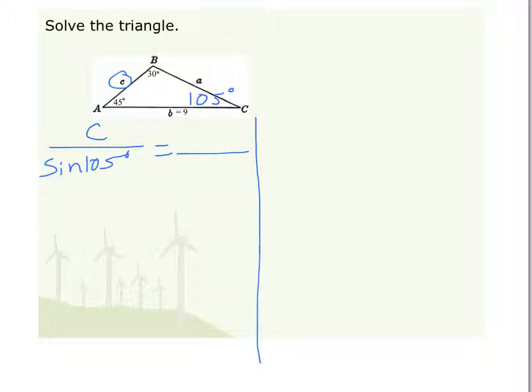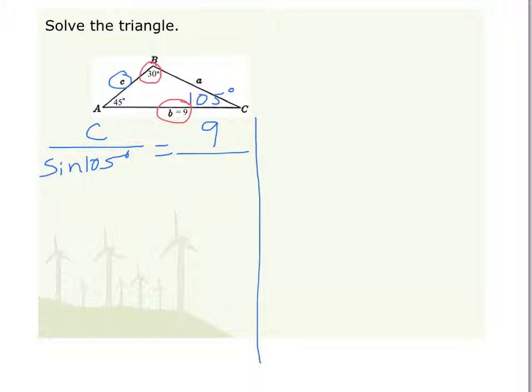I only need to use two of the three. Because I already have a missing component, side length c, I need to pick a ratio in which I know both the angle and the opposite side. It looks like angle B and side b is the best option.